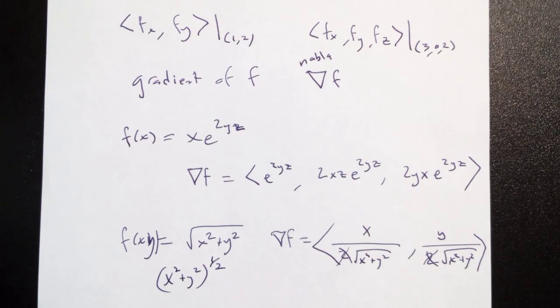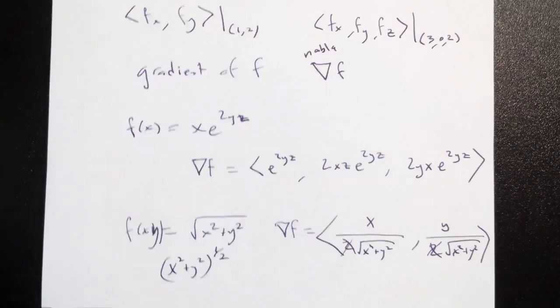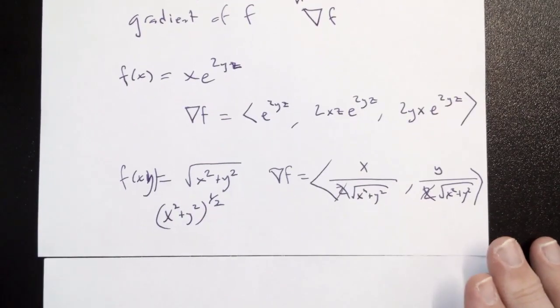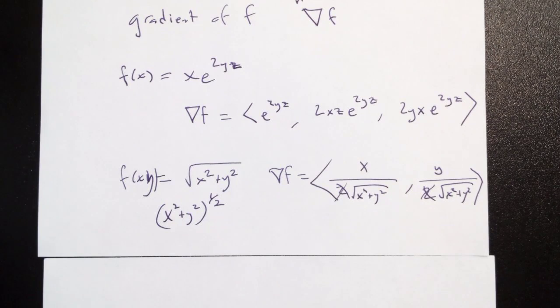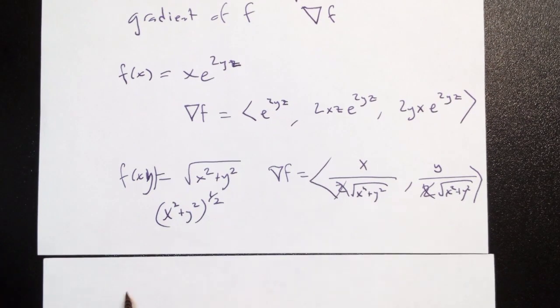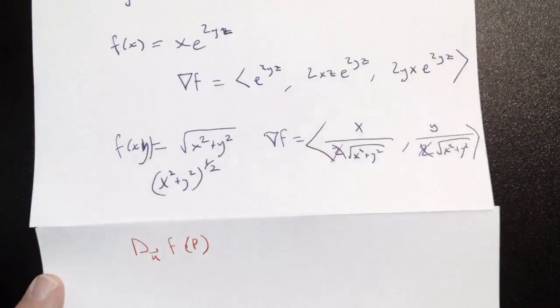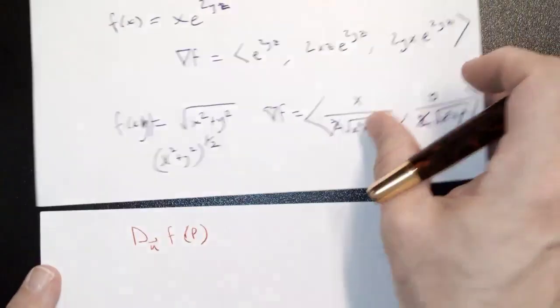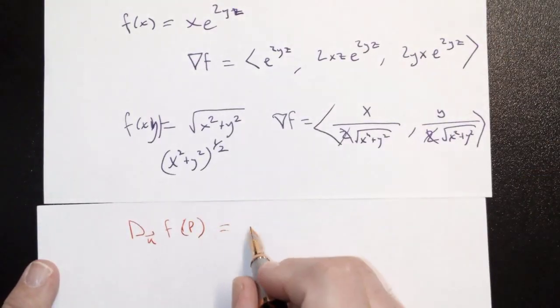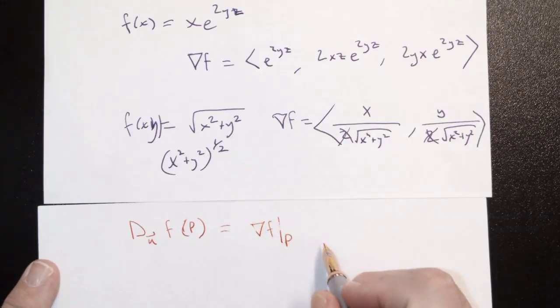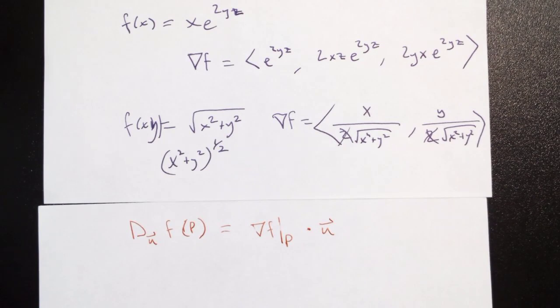Here's the best part. Yana, you said this was a dot product. But it's the dot product of the gradient at the point with my direction vector. So the directional derivative, where P is some point, is found by first taking the gradient, plugging in the point, and then taking the dot product with our unit vector.